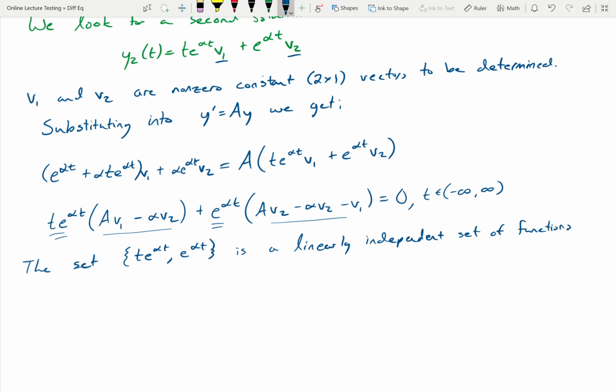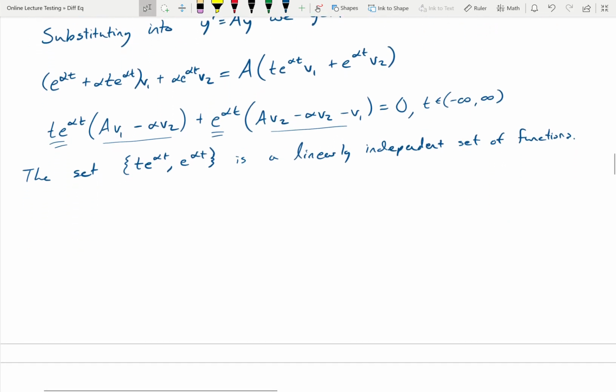So that means in order for the equality to hold, this A v1 minus alpha v1 and this A v2 minus alpha v2 minus v1, those guys have to equal 0. Okay, so that's what's going to happen.